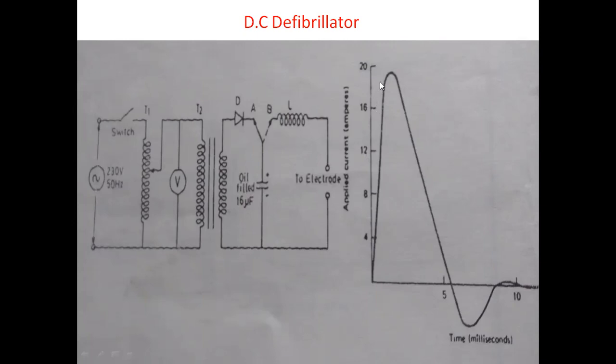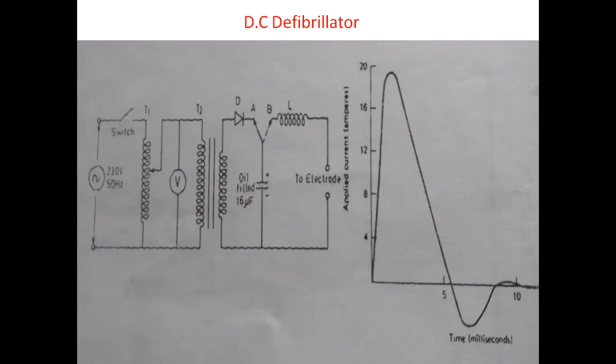When the switch is connected to B, the capacitor starts discharging. Here we use an inductor to reduce the sudden discharge of the capacitor, because that causes sudden burning of the chest walls.